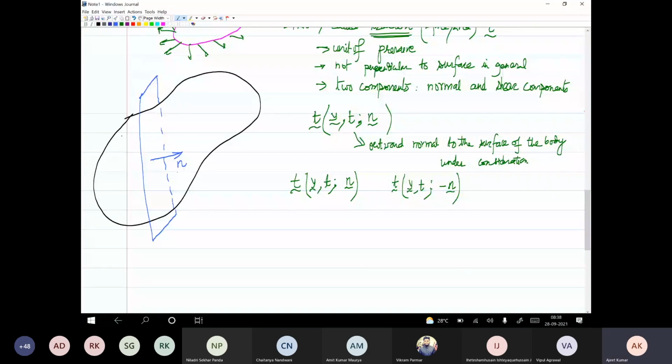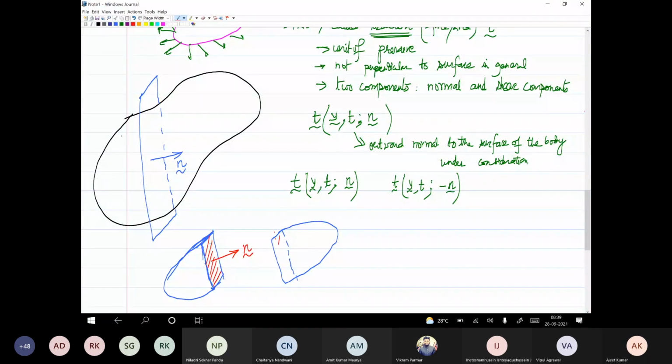For the left part of this body, this is the cut surface, and here's the normal n, whereas for the right part, the outward normal is minus n, isn't it?